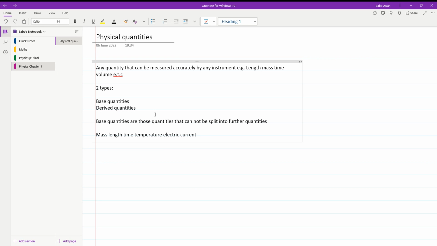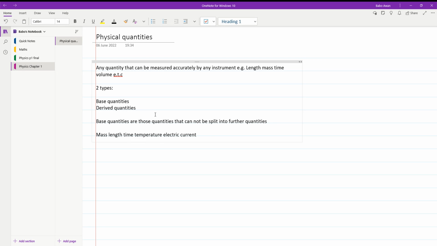So the SI unit, and you need to know the SI units as well. The SI unit for mass is kg, kilograms. For length, it's meters, small m. For time, it's seconds. For temperature, it's Kelvin, not degree Celsius.